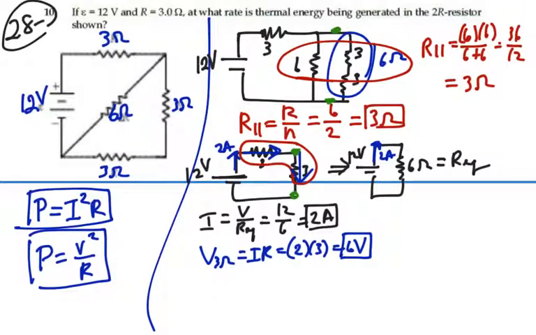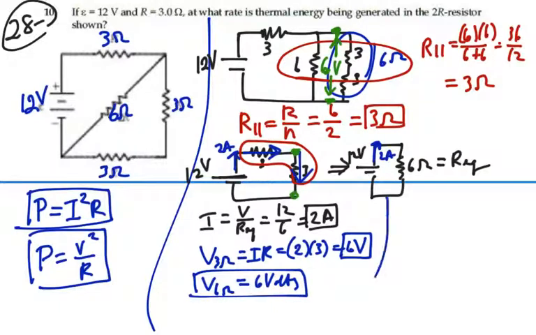So that parallel combination has the same voltage as its equivalent device. In other words, there is indeed 6 volts connected between these two points in the circuit. So the voltage across the 6 ohms that we want, the 2R in the circuit, is also equal to 6 volts.